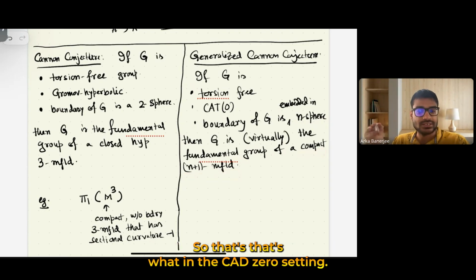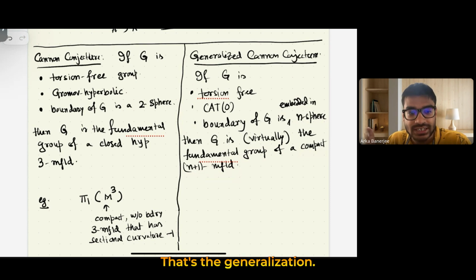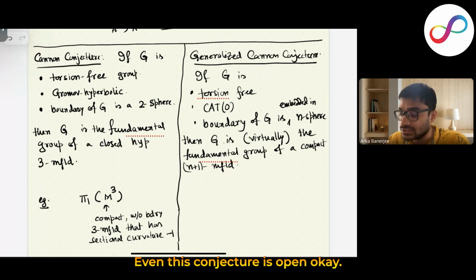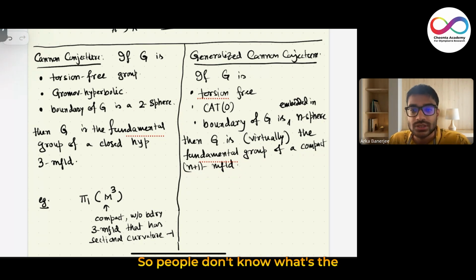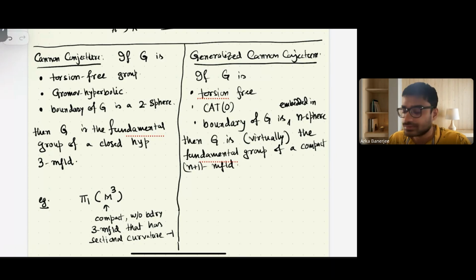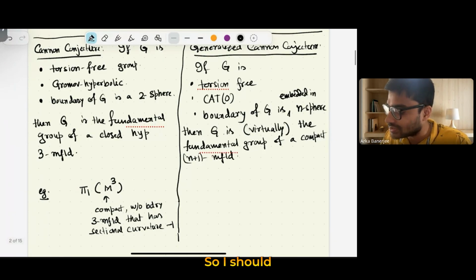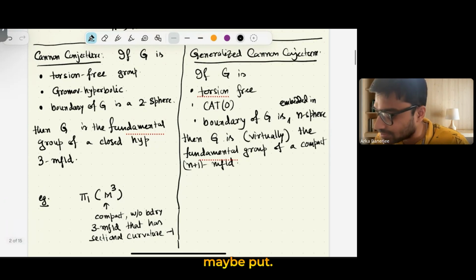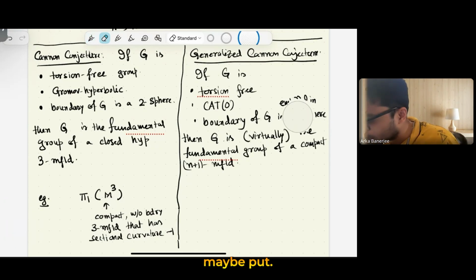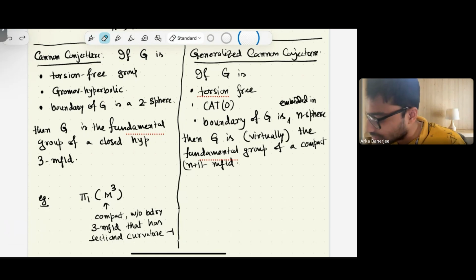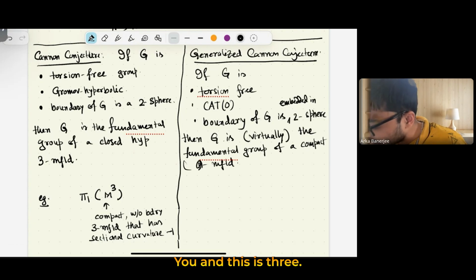So that's the generalization in the CAT(0) setting. Even this conjecture is open. In the case n equal to 2, and this is 3.